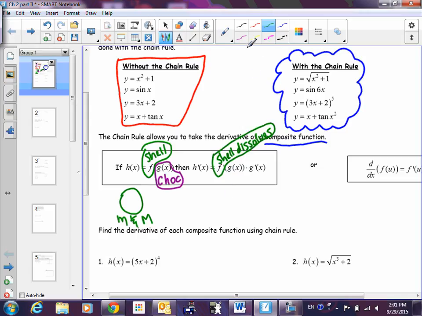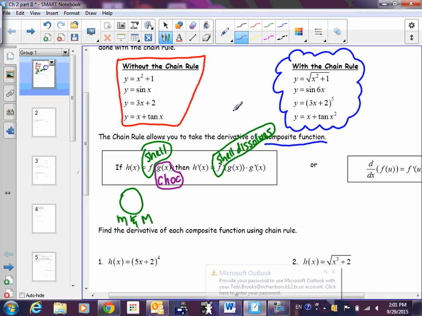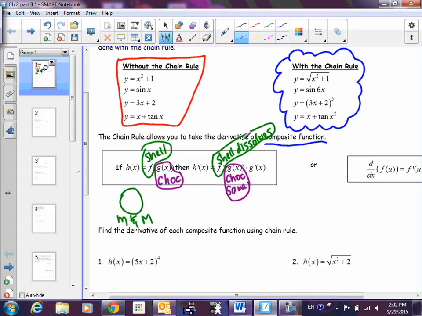While the shell is dissolving, what is happening to the chocolate? Melting. But isn't it in the same place it was in the beginning? I get that your body heat is probably melting it, but g of x, the chocolate, is for right now staying the exact same. So the shell dissolves, f prime. The g of x part, the inside chocolate, stays the same.